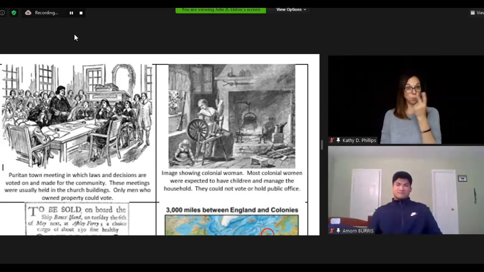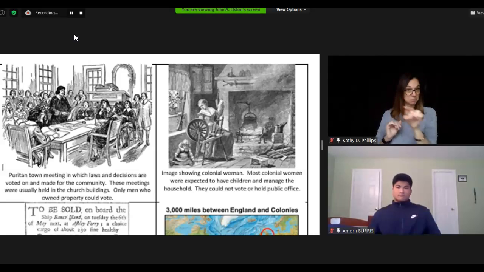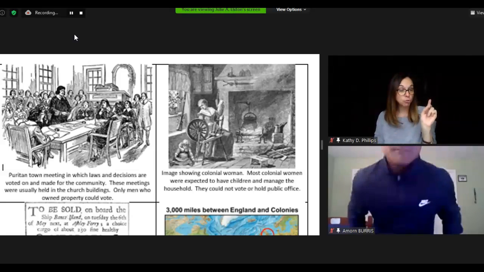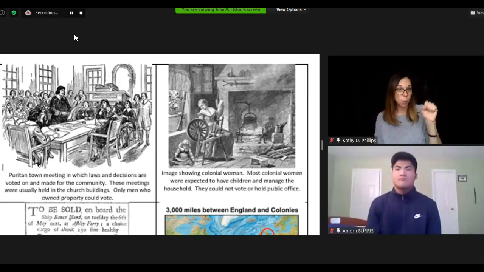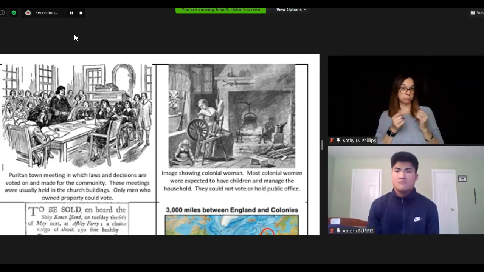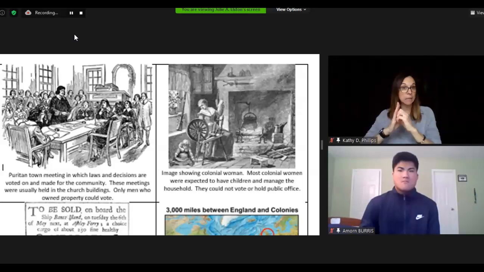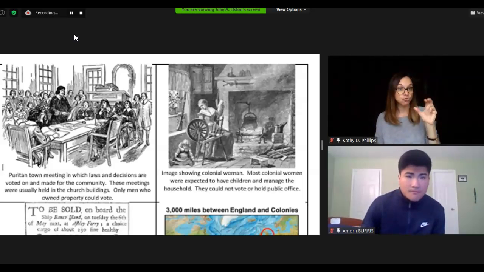Do we see in those images an example that would support democracy in the colonies? Anybody want to unmute their microphone and share? Do we see an example of democracy in either of these sources?